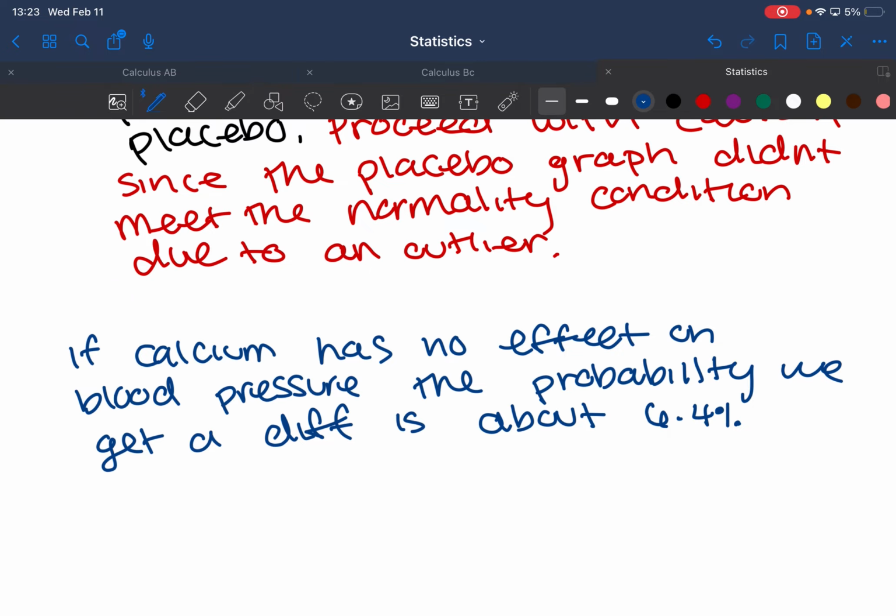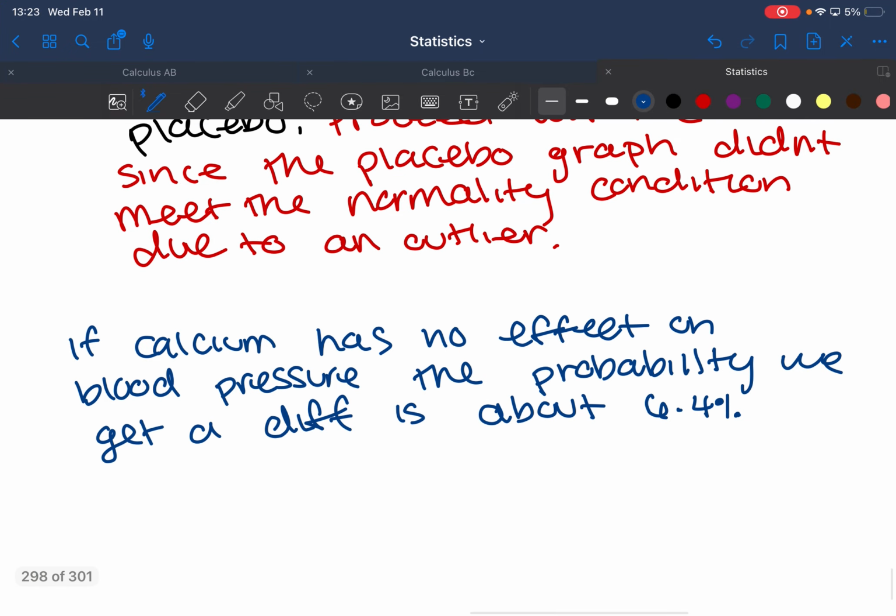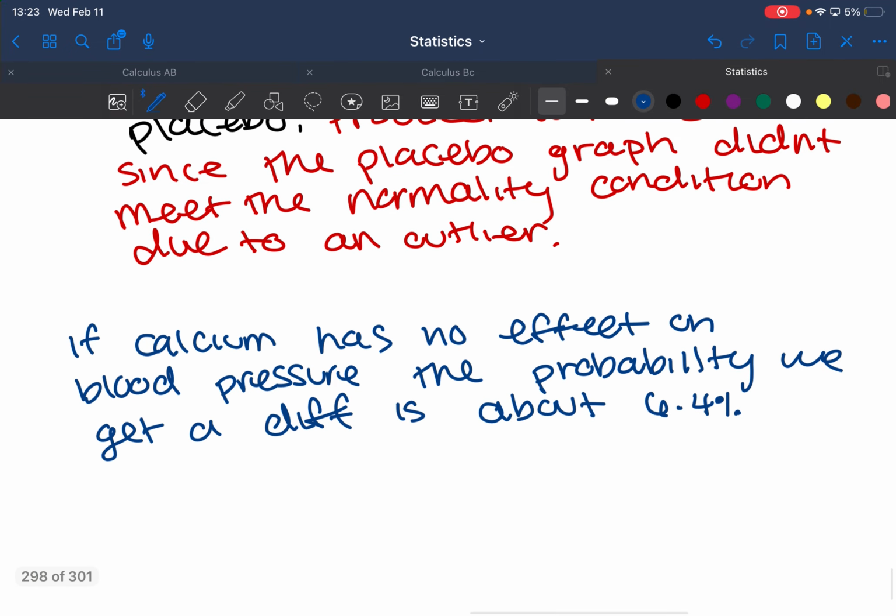Okay, so let's say it was going to be a confidence interval. Okay, so you would say that this is a 2-sample matched pair t-interval for difference of means. Okay, so you'd have to label every single part.